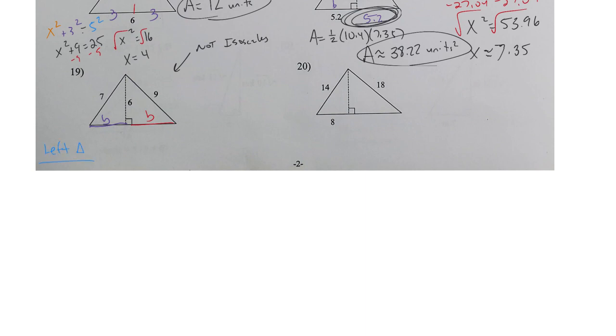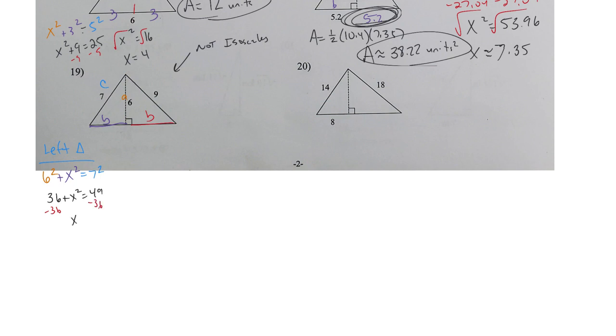So we know a. So a is 6 squared. We don't know b, so I'm going to say plus x squared. We know c, is equal to 7 squared. So I'm going to have 36 plus x squared equals 49. Now I minus 36 from both sides.